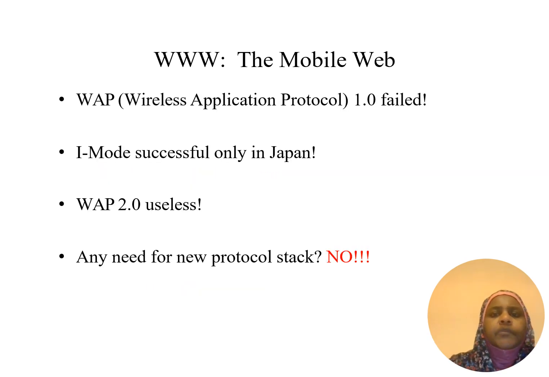The first attempt to build a mobile web protocol stack was WAP, and it has failed miserably. Then i-mode, and it was successful only in Japan. Then WAP2, it was rather useless.